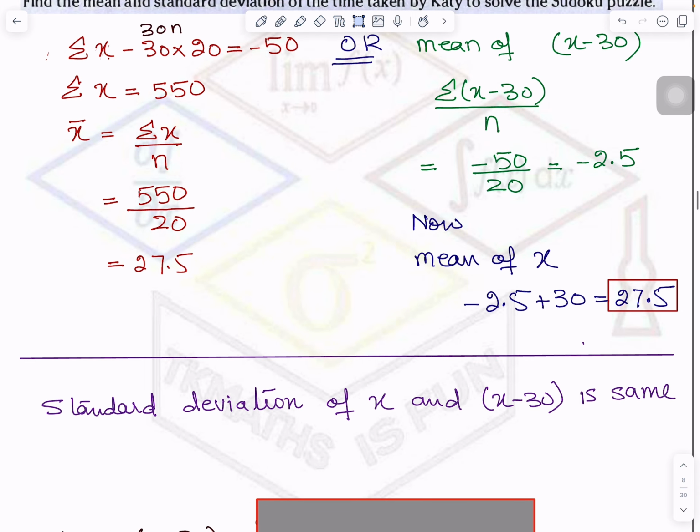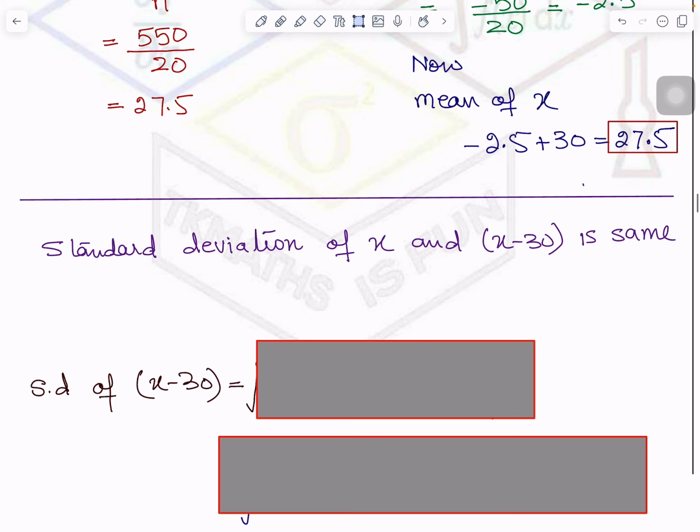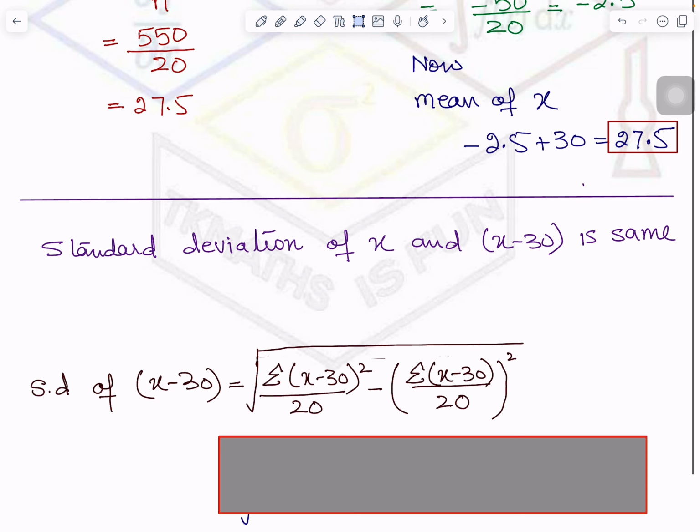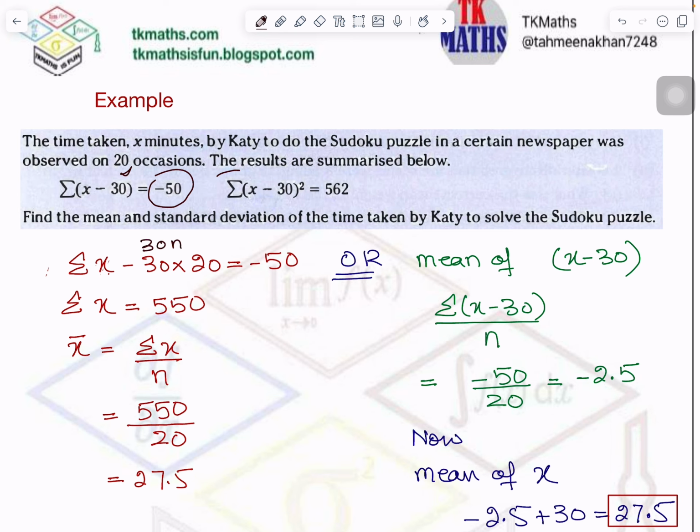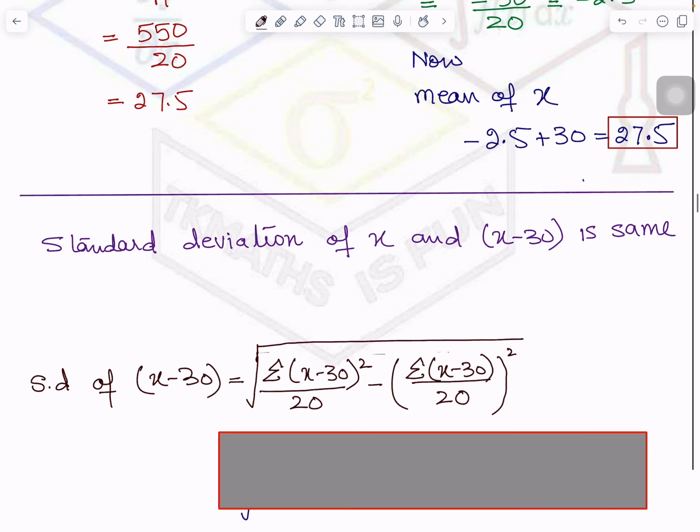And when you have to calculate the standard deviation of x, because we have seen in the first example it remains the same, you simply calculate the standard deviation of x minus 30 data, because that is given to you in the question. This value is given to us here. Can you notice here? It is given to you here. So in the formula, this value is already given to you, right?